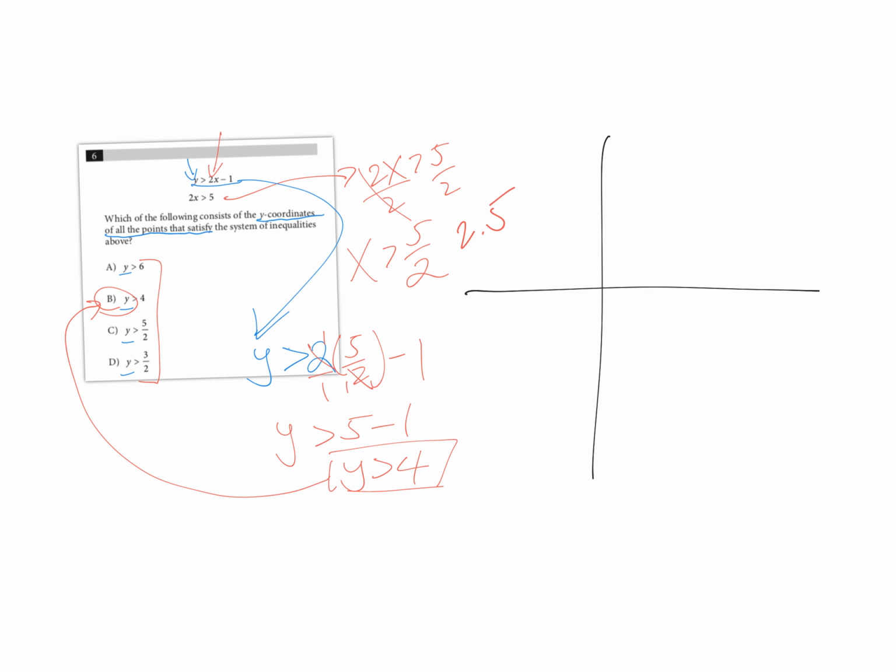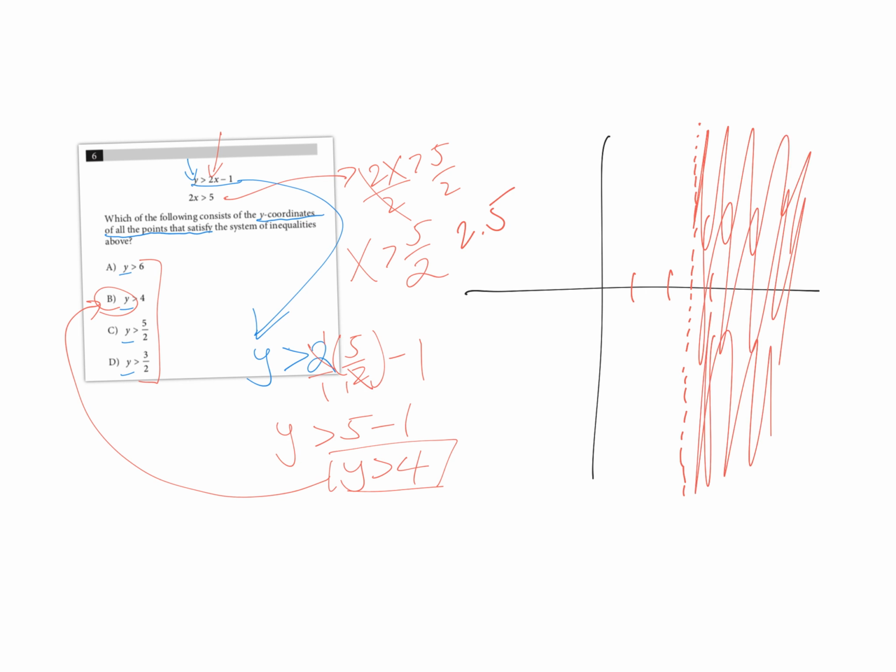And if I have x so isolated, it means I'm drawing a vertical line. So I'm going to mark my 1, 2, 3. I know it's going to be a dashed line because there's no equal sign underneath that inequality. And x is greater than 2.5. So it's going to be 3, 4, 5, 6, 7. So I got to shade to the right. Greater than.